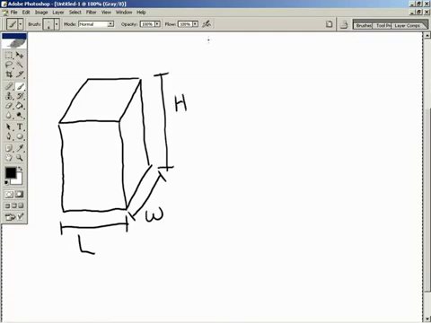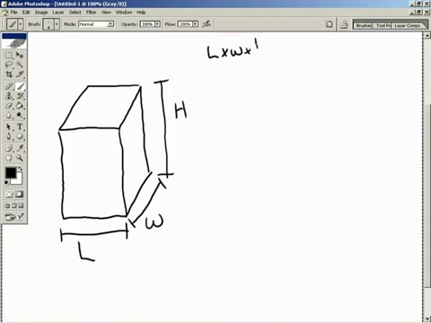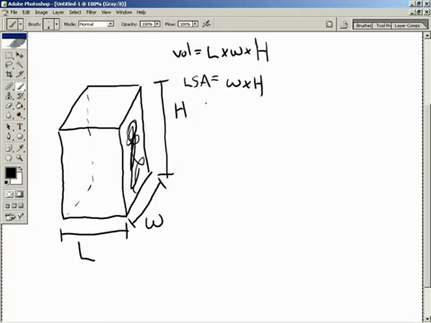Well, the volume is simply the length times the width times the height. So that's the volume. Meanwhile, the lateral surface area is the surface area of all the sides. Well, that would be lateral surface area, LSA, equals width times height for this face, and for the face opposite it, which would be back here somewhere, it's also width times height.